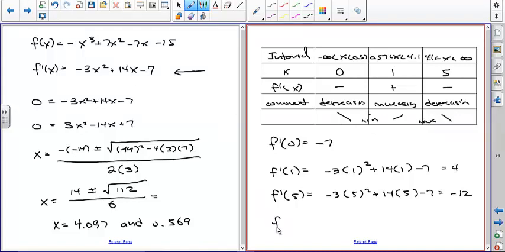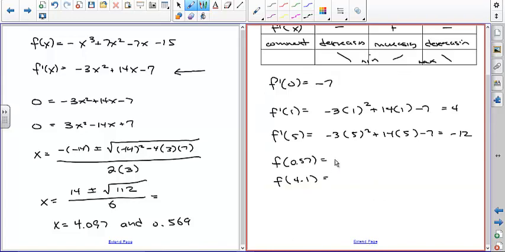So what you're going to do is f of 0.57, and you're going to do f of 4.1. I rounded off a little bit. Plug that in. So that'll be negative 0.57 cubed plus 7 times 0.57 squared minus 7 times 0.57 minus 15.